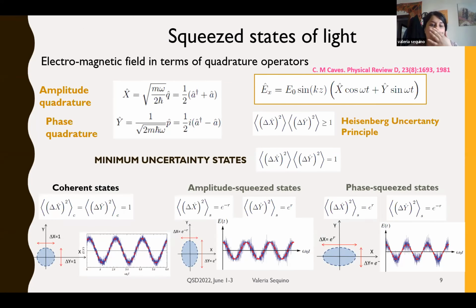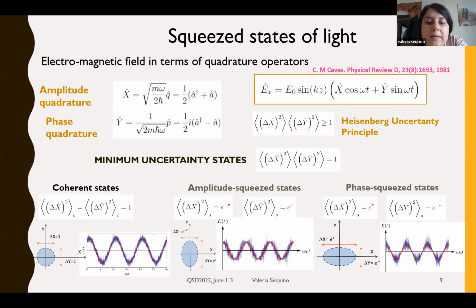Squeezed states of light are particular states of light that are characterized by reduced noise in one of the two quadratures. We can write the amplitude quadrature and the phase quadrature, and we can write the electric field as a combination of these two. The variances of these two quadratures respect the Heisenberg uncertainty principle.